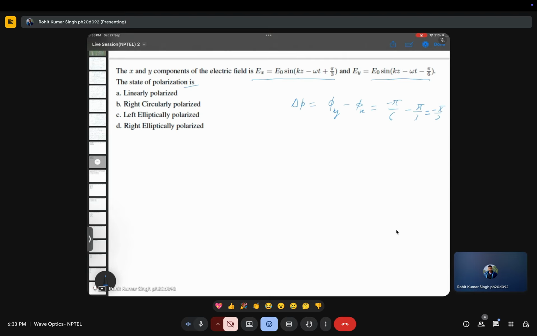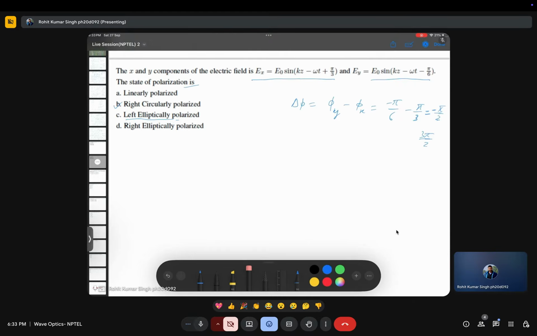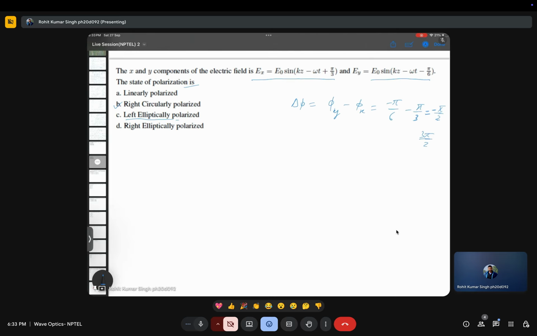So minus pi by 2 means B, right? Not left circularly polarized. For left circularly polarized, you have to go to 3 pi by 2. Okay, this is fine. Let's go to the next one.